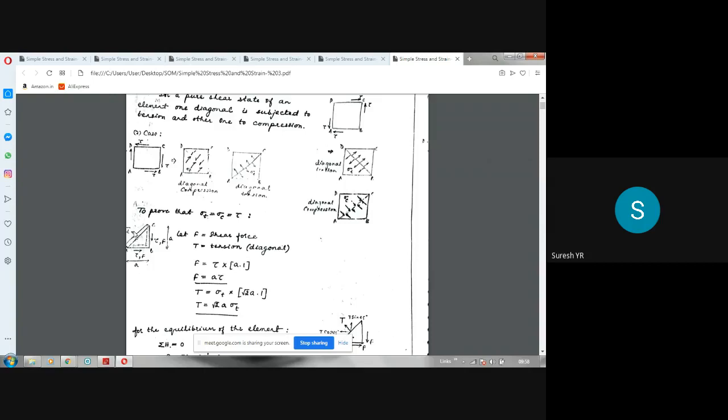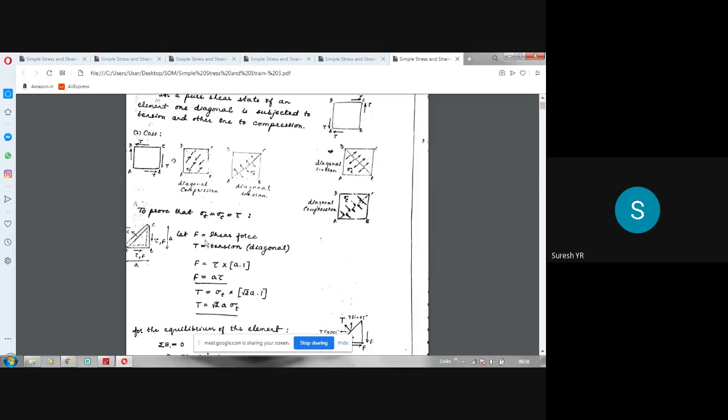So I am taking this element, ABC, a triangle. A is the edge width AB, BC is also equal to A, then the diagonal length AC will be root 2A. Now this tension is acting on this diagonal AC. Shear is acting on these two faces, AB and BC.